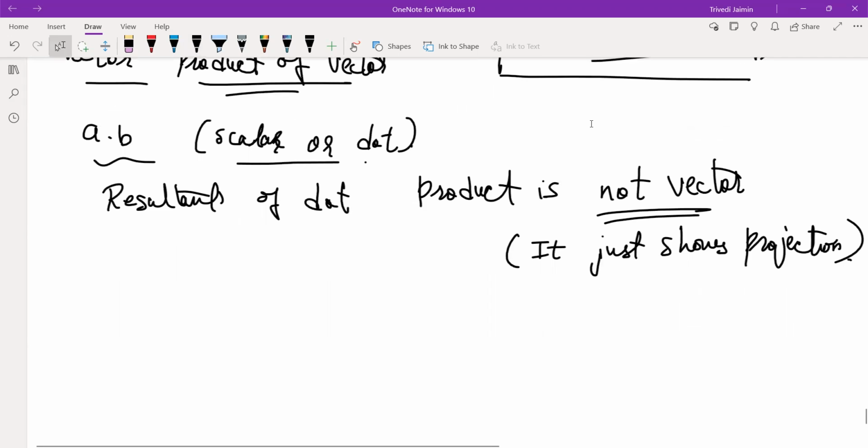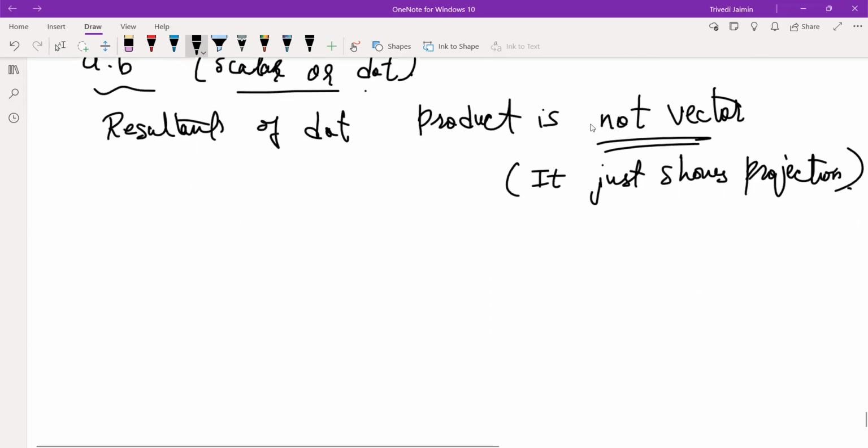A cross B. Cross product. Okay, no problem. Let's revise the cross product also, because we will use it every moment in this chapter.